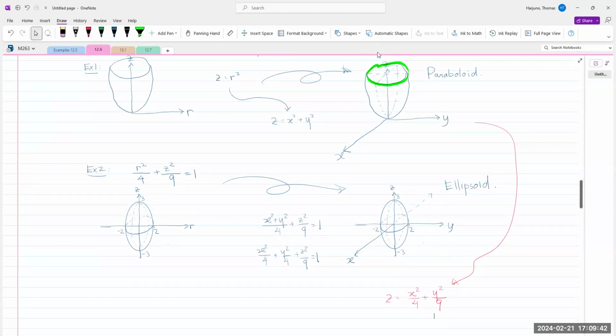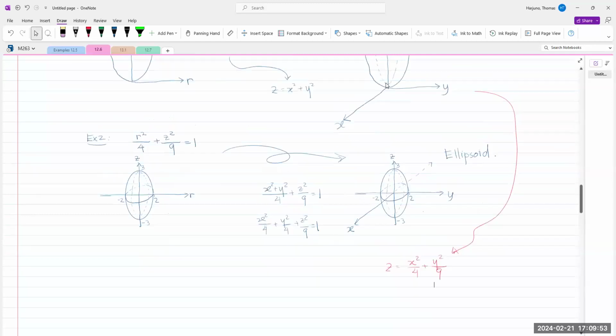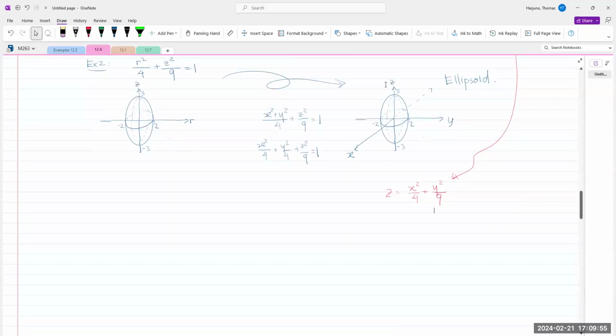It's basically that paraboloid, right, with a circular shape, but you stretch in the x direction by 2, in the y direction by 3. So what happened then? It looks approximately like this. So in the y direction it is wider. In the x direction it is skinnier, not as wide.